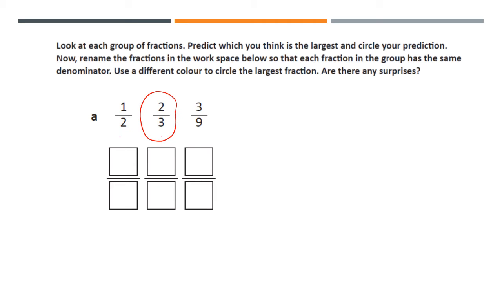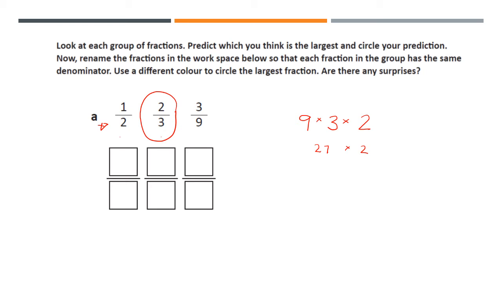Okay, but now we have to put them all over the same denominator. Otherwise, we'll never be able to see which one is the largest one. So remember my trick. I start with the biggest one, and I have a 3, and I have a 2. What is 3 times 9? Equals 27.